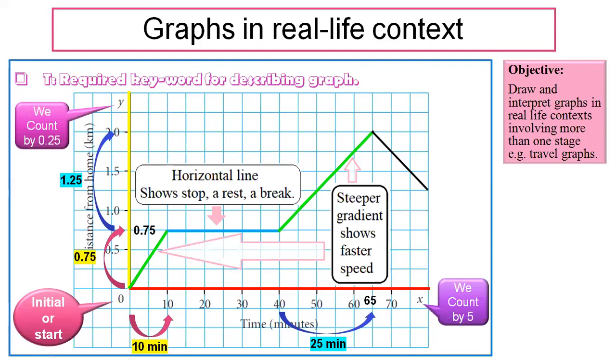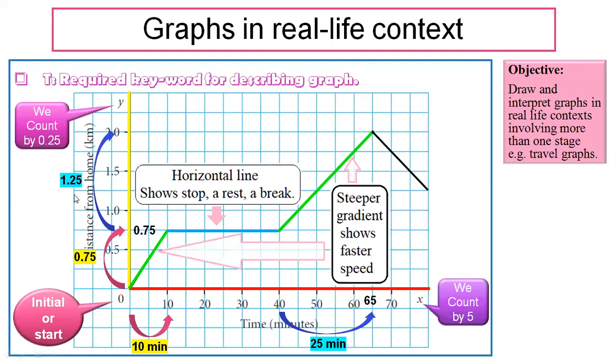So it's 25 minutes moving. The distance that it moved in the second stage from 0.75 up to 2. To know how many kilometers was that, you just subtract them. 2 minus 0.75, where did it end and where did it start?